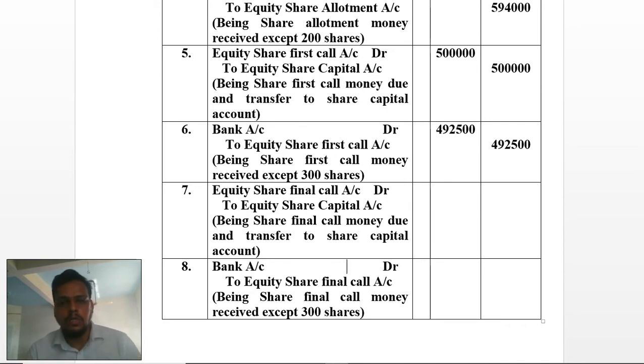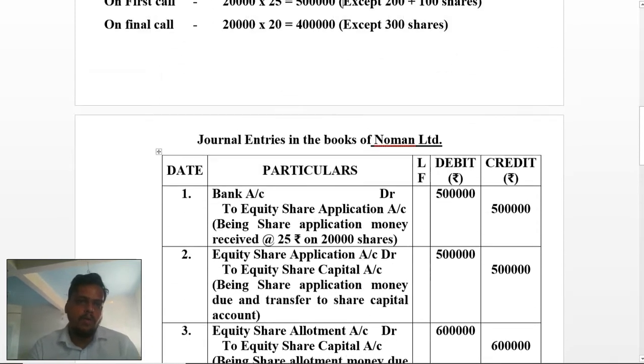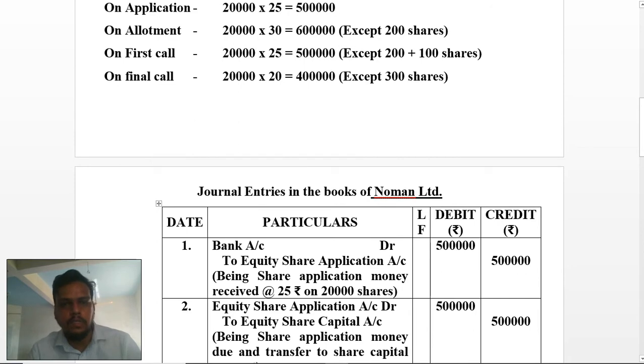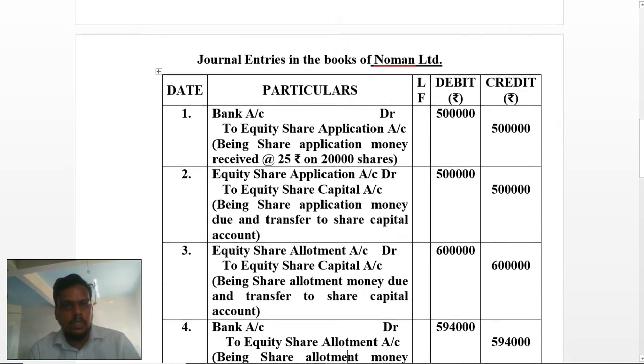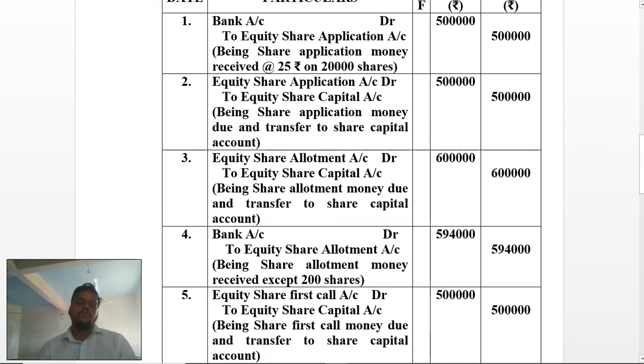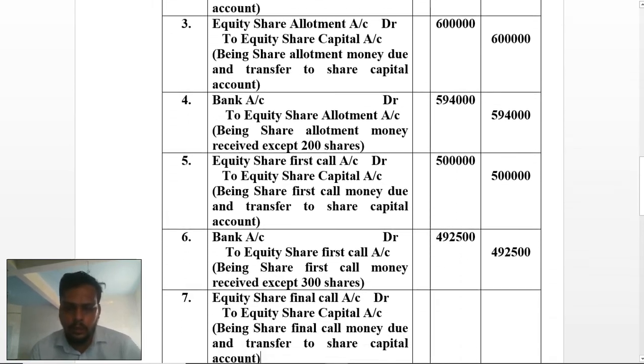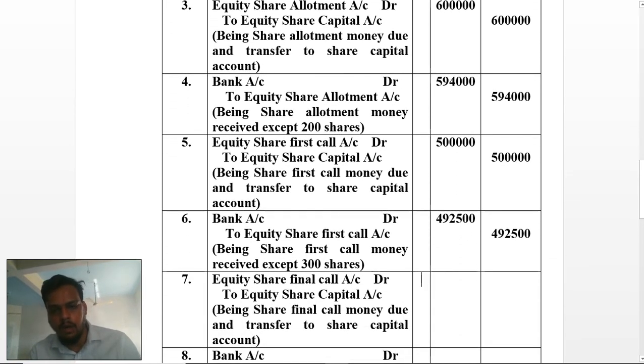But what about the amount? The amount on the final call which we have to receive is 20,000 shares into 20 rupees, so we will get the amount as 4 lakh rupees.